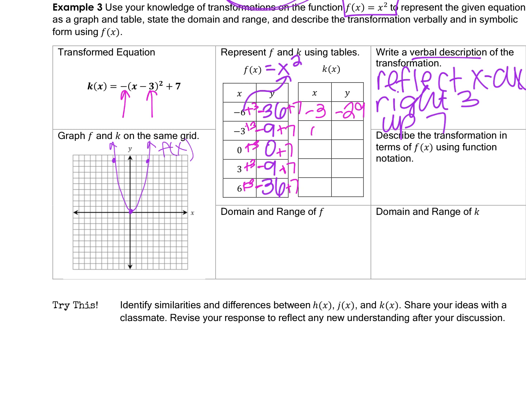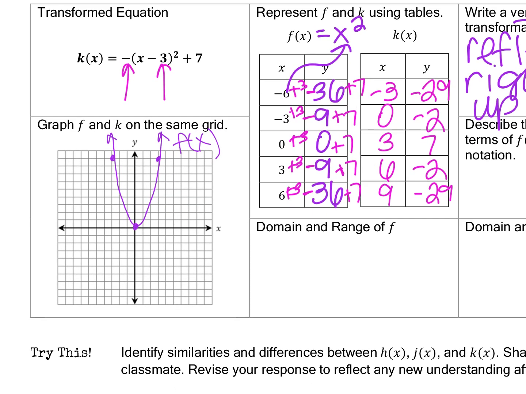That will be 0, and then I have a negative 2. Then I have 3 and 7, 6 and negative 2, and 9 and negative 29. Okay, so clearly we won't be able to graph the negative 3, negative 29, so we'll go to 0, negative 2.